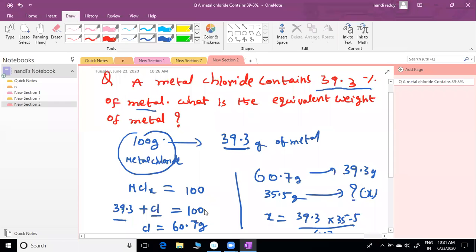By substituting, I got the chlorine weight. Our definition is: this many grams of chlorine combine with 39.3 grams of metal, suppose. Then 35.5 grams means how much? Because our basic definition is that 35.5 grams of chlorine combined is equal to its equivalent weight. Approximately 23.